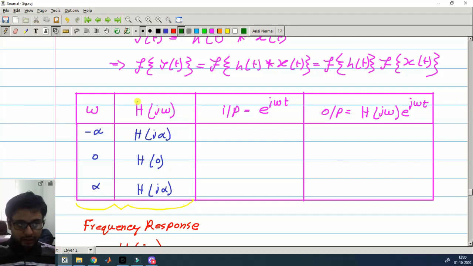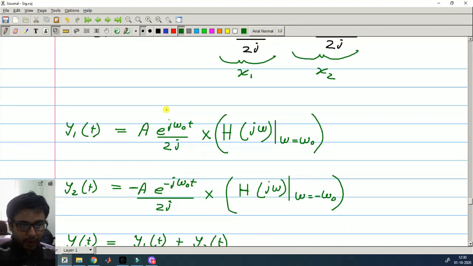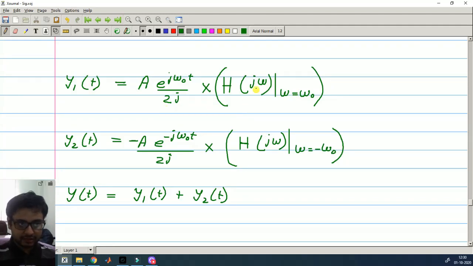And basically this H(j omega) acts as the multiplicative factor for different input frequencies, or you can call this the amplification factor or gain factor for different inputs with different frequencies.